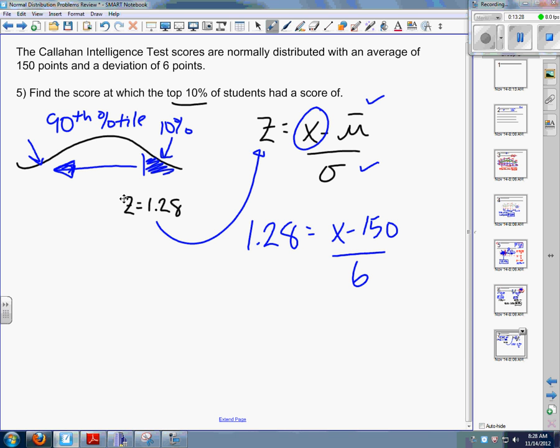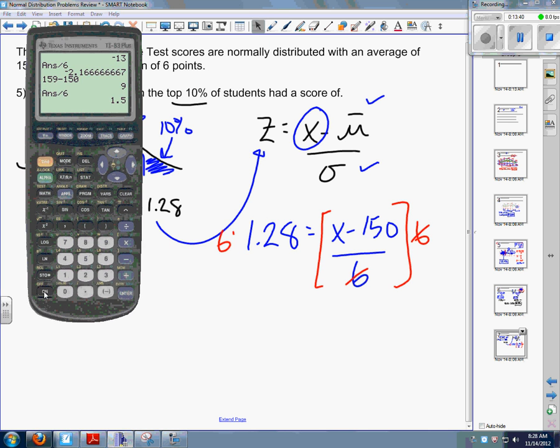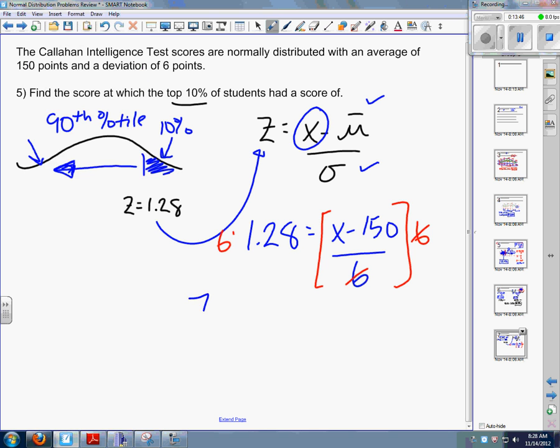Okay, the way we're going to solve this, multiply by 6, multiply by 6. These will cancel. So we take a calculator. 6 times 1.28. Okay, 7.68. This equals x minus 150.